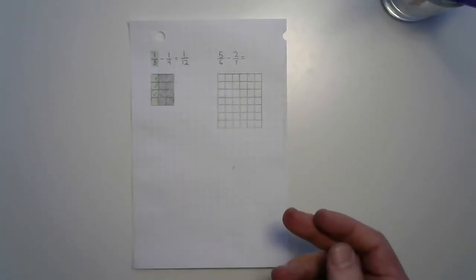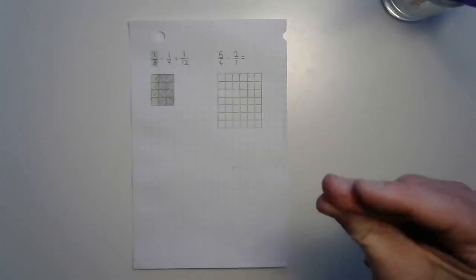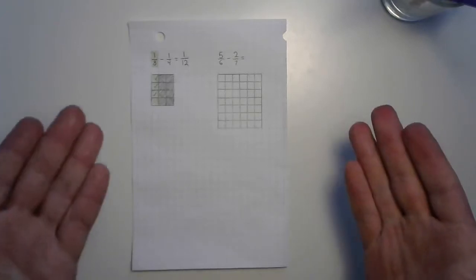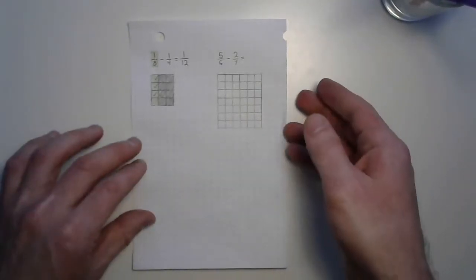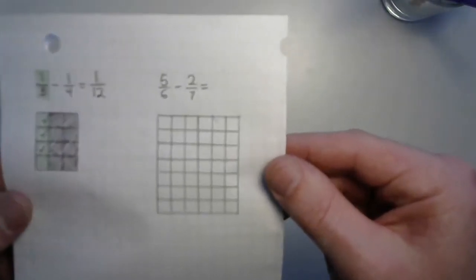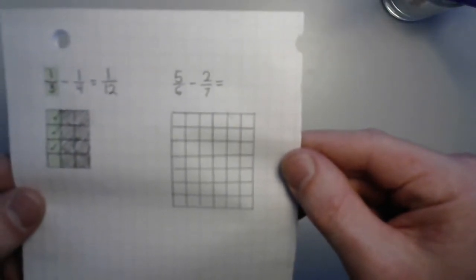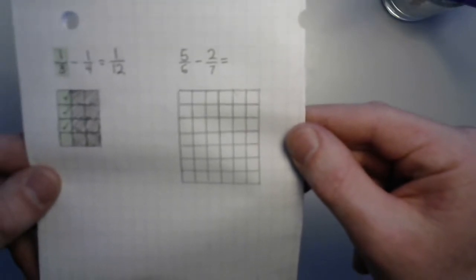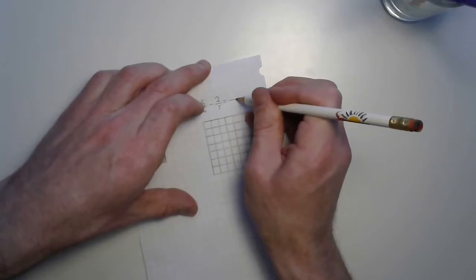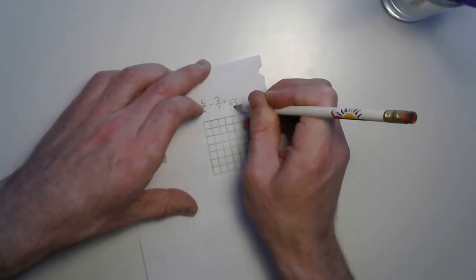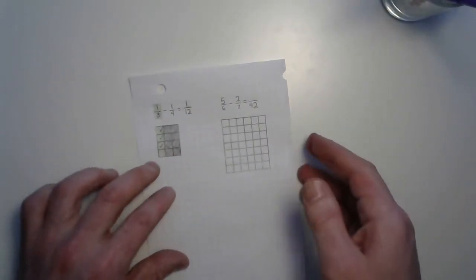Okay, take a look at your rectangle. How many pieces total? 42. We know part of our answer already. The denominator is going to be 42.